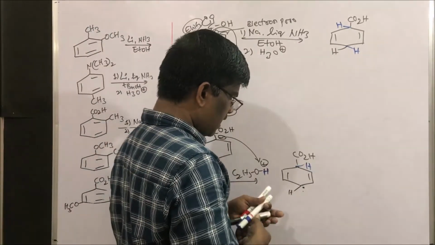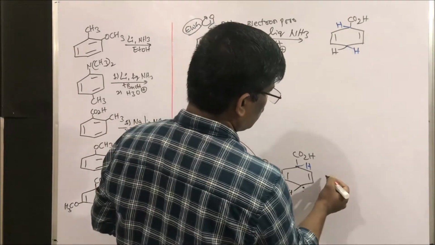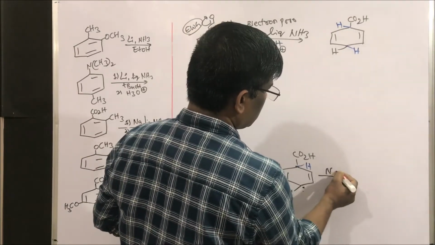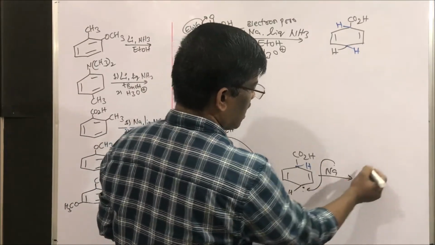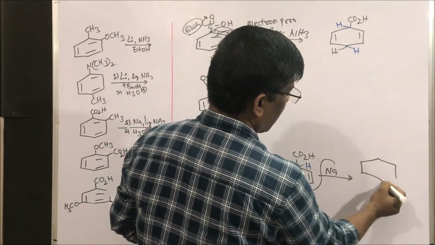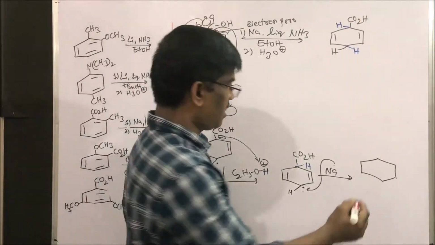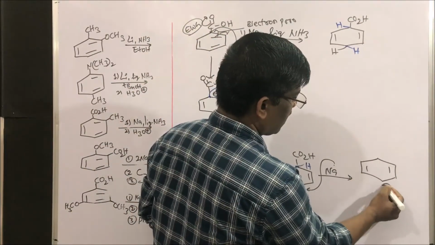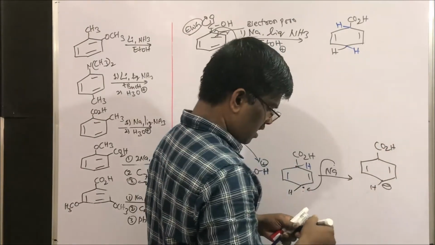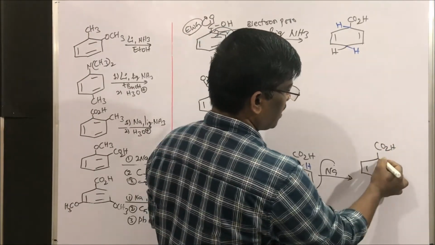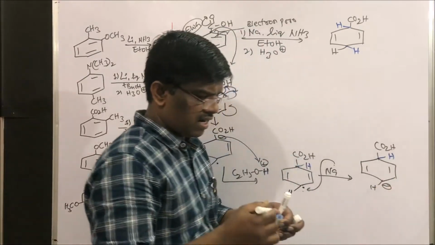Next, since we are taking 2 equivalents of metal, the metal gives an electron here and we get an anion, with CO2H and the hydrogen already here.